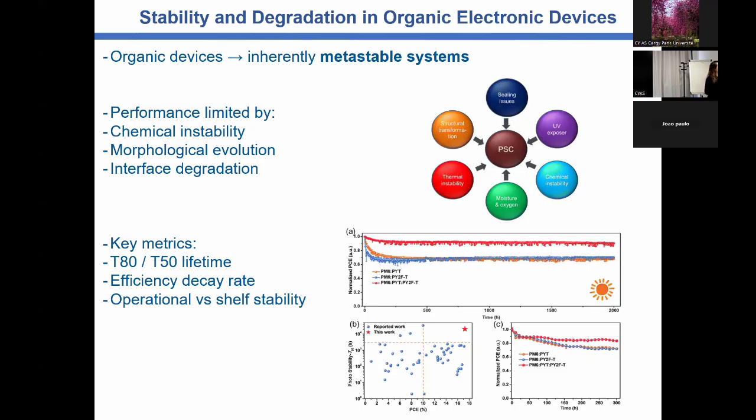Here is just one example: in this work, they put 130 materials, a ternary blend, for instance, in organic solar cells, and it increased the stability quite a lot compared to without this ternary composition.